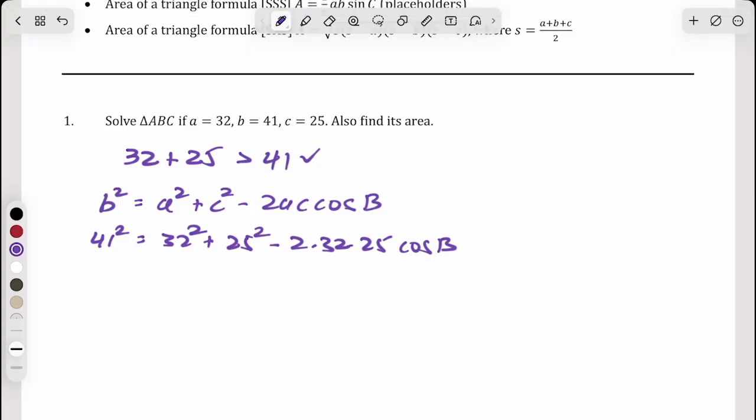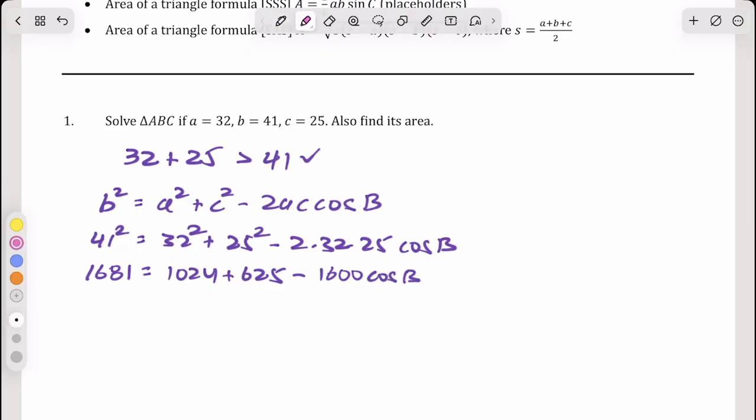Take out the old handy calculator. 41 squared is 1681. Okay, 32 squared is 1024. 25 squared is 625. 2 times 32 times 25 is 1600. Look at that.